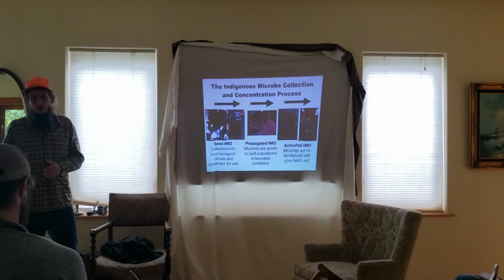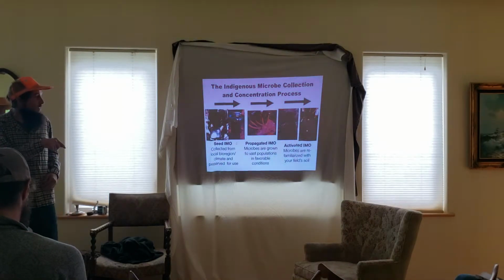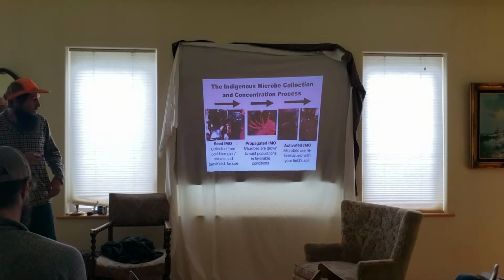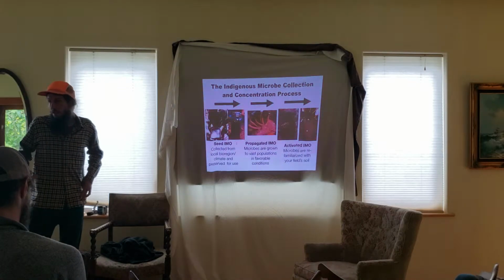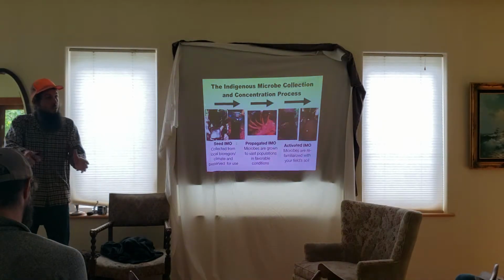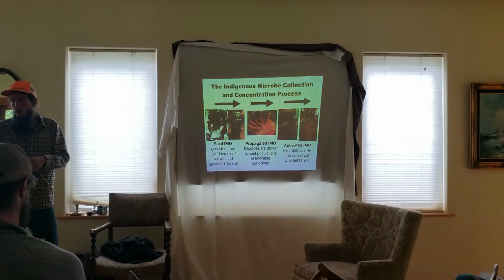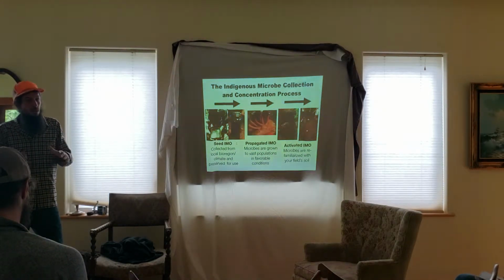it is a linear process, starting in the beginning with collecting the seed IMO, which, like we said, is from your region. Even getting a hyper-local collection like your field that you're growing from, a nice forest nearby, and then a really rich forest, still in your same bioregion.